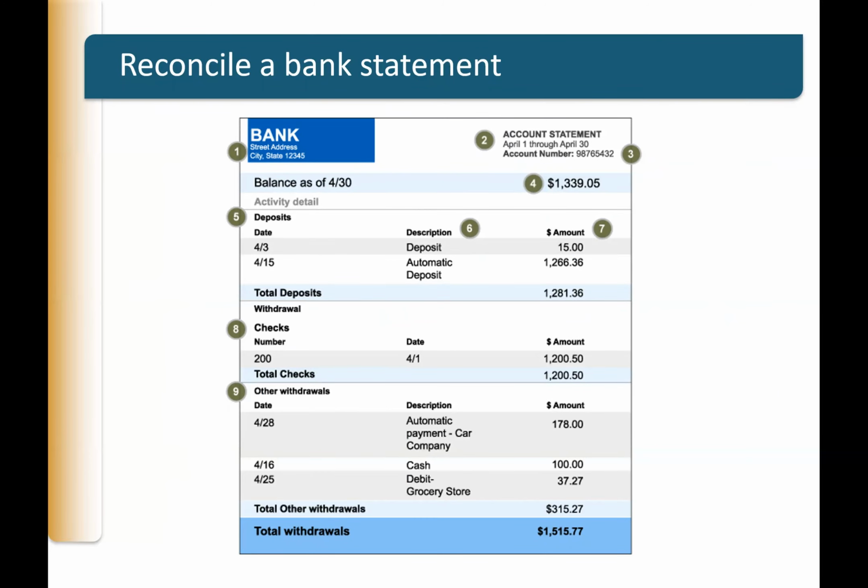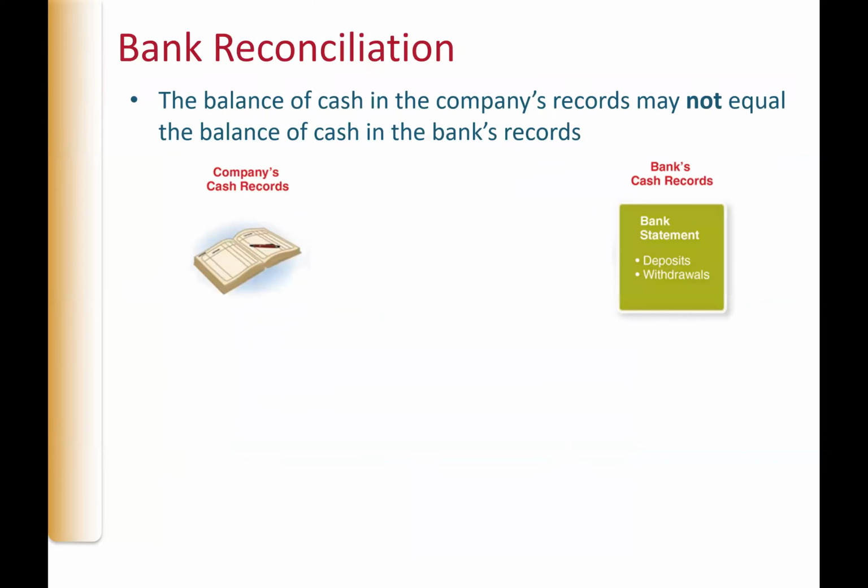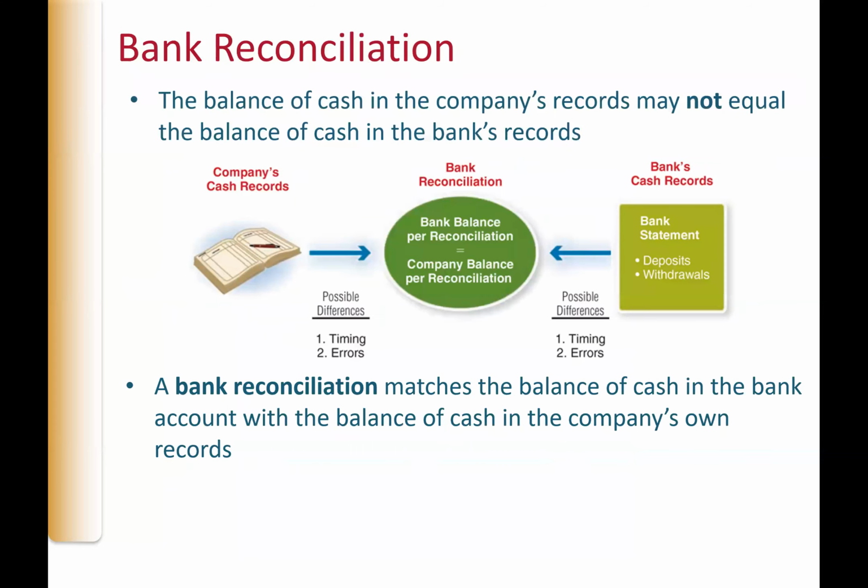So the big piece with this week is learning how to reconcile a bank account, a bank statement. The balance of cash that's being shown in the company's records may not equal the balance of cash in the bank's records, which is why we prepare a bank reconciliation, because it matches the balance of cash in the bank with the balance of cash in the company's own records.